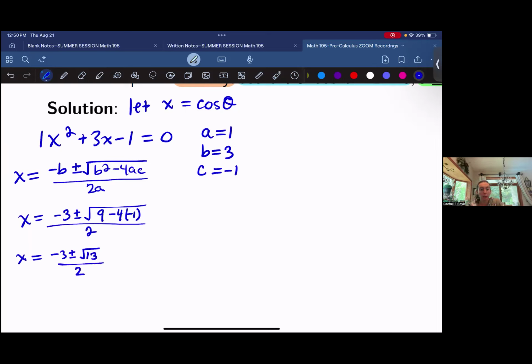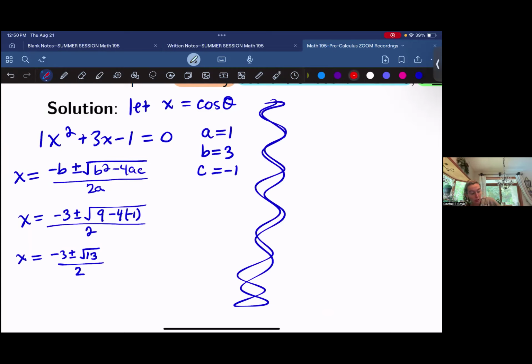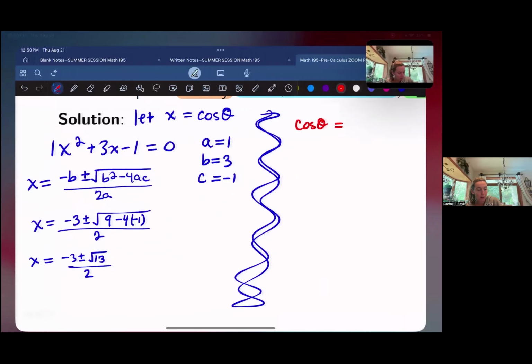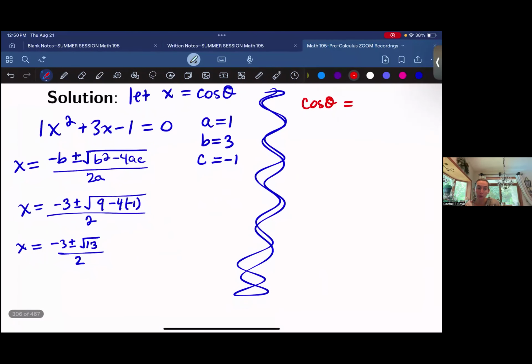It's important to note that eventually we are going to set this x value back equal to our cosine theta. We need to think about what the range for cosine theta is. My range is from negative 1 to 1. So these values need to be within that range for us to have a defined angle measure. And it's not the case that both of these work.